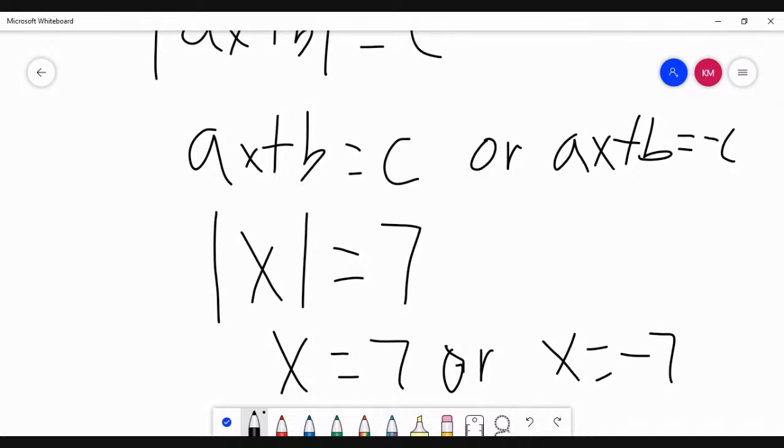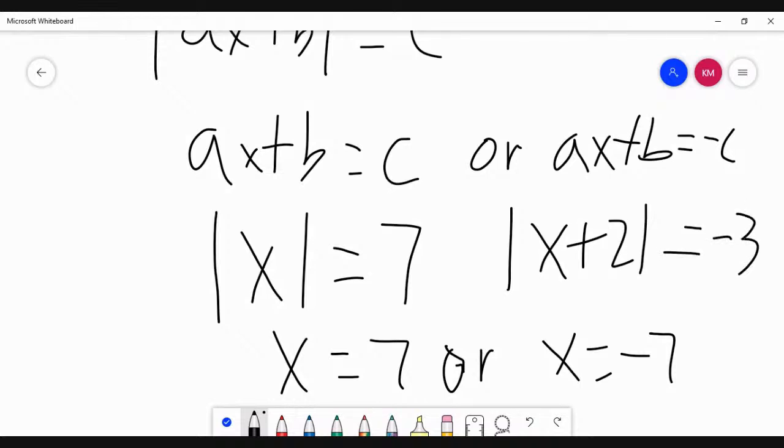Now, rule of thumb, your absolute value equation, meaning |x + 2|, can never equal a negative number, such as negative 3. Based on the rule of absolute value, this cannot be, because nothing you put inside of absolute value will ever equal a negative number.